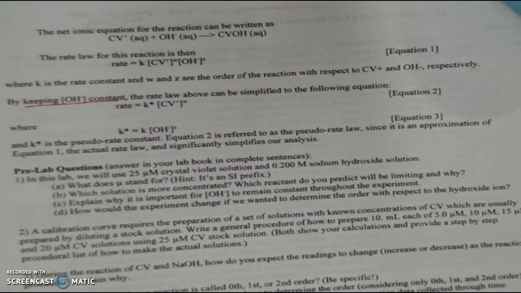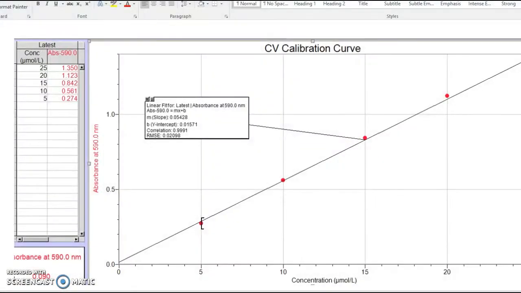So when we do our graphs, I'm going to pull these graphs up. You had your first graph that you had to create, which is your calibration curve graph. You get something like this, where you have your different concentrations in micromolar: 5, 10, 15, 20, and I have 25, which got kind of cut off over here.